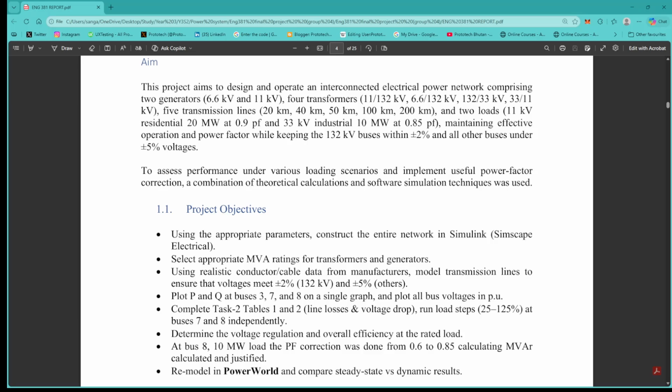We have to maintain effective operation and power factor while keeping the 132 kV buses within plus or minus 2% and other buses within plus or minus 5% voltage. So this is the voltage that we have to keep.